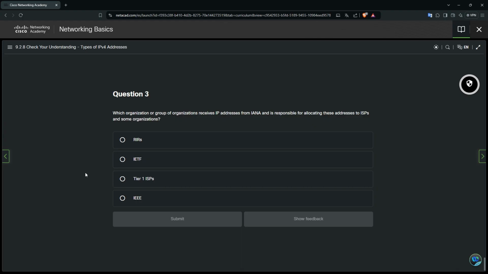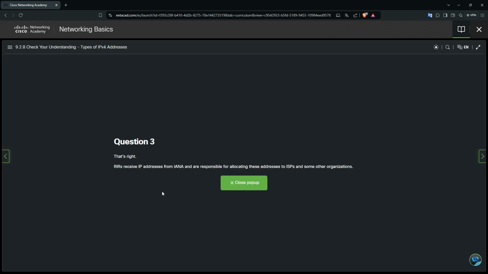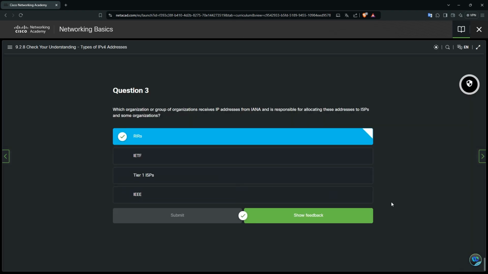Which organization or group of organizations receives IP addresses from IANA and is responsible for allocating these addresses to ISPs and some organizations? That is this.